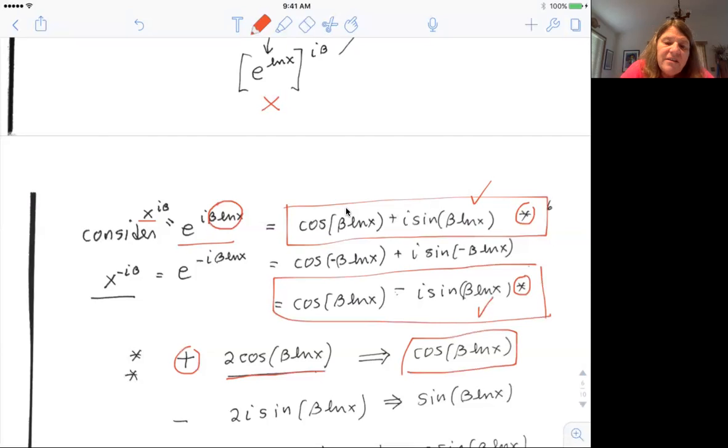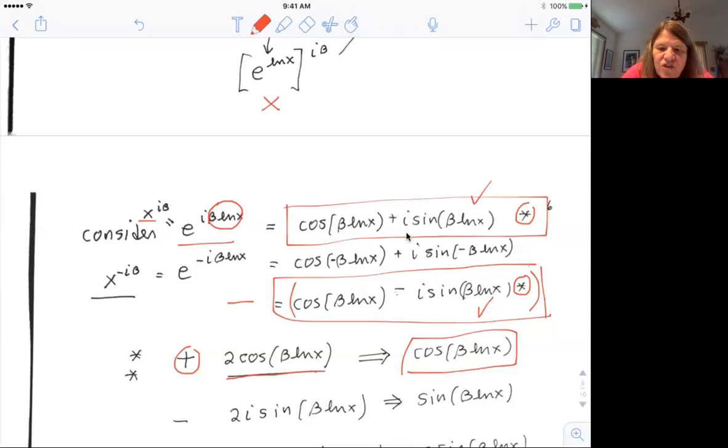On the other hand, if you look at these same things right here and you subtract this one, what happens is that the cosines drop out, and the subtraction changes that sign right there, and then you get the sines.